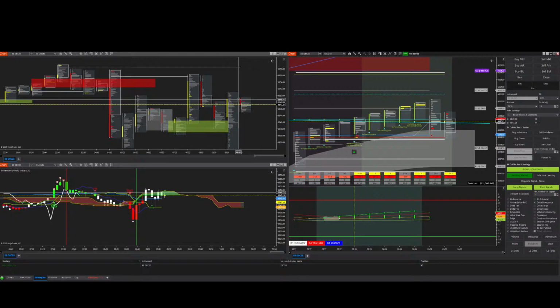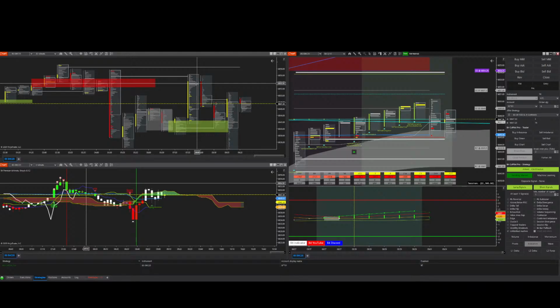If we break over that value area high right there, it could push back up to here, here or there. There's a lot of value in having your footprint open as a volume profile here.